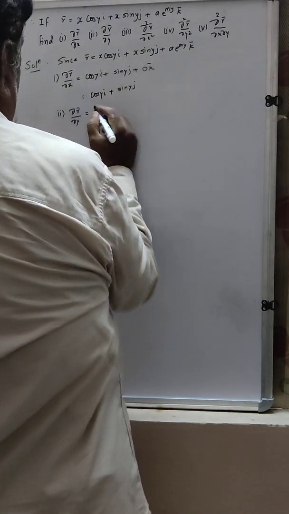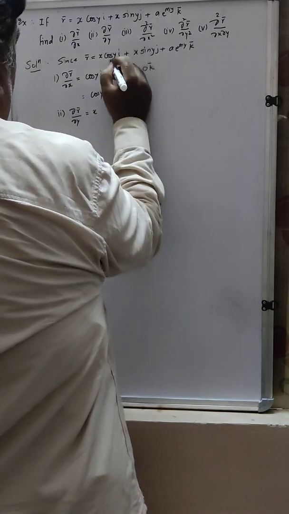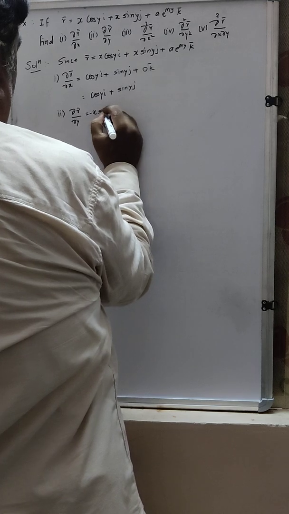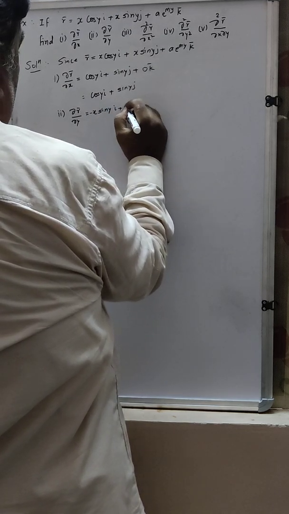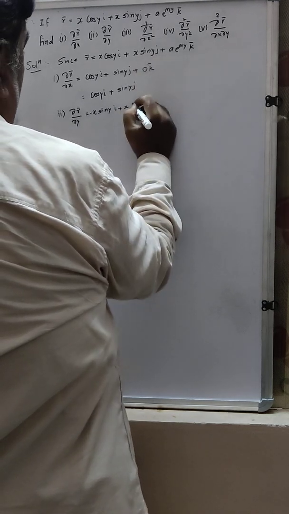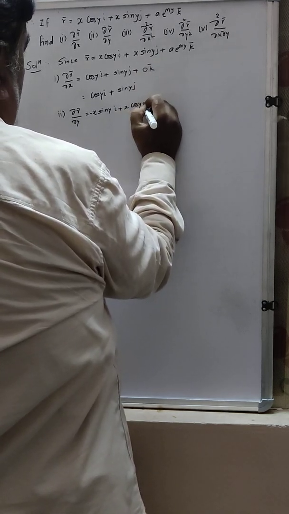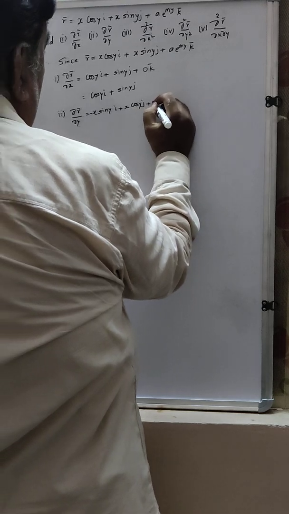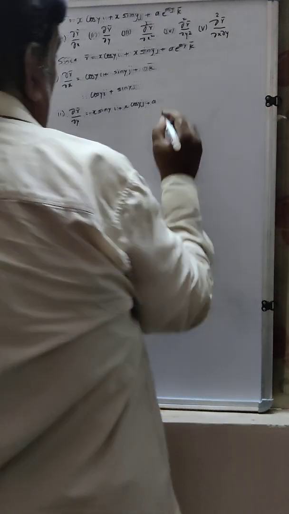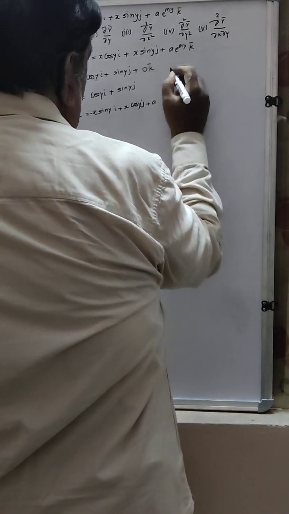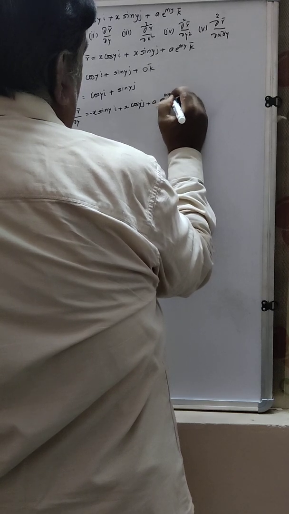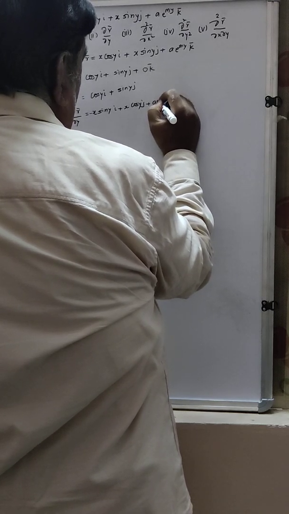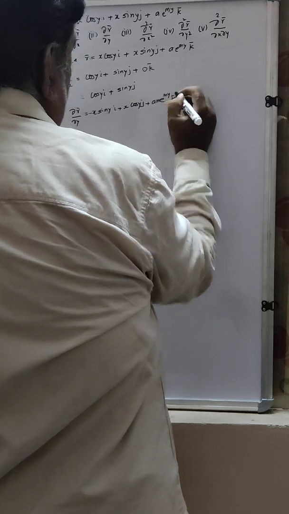Here x is constant, derivative of cos y is minus sin y, i vector, plus x is constant, derivative of sin y is cos y, j vector, plus a with respect to y, a is constant, derivative of e raised to my is e raised to my, and derivative of my is m, k vector.